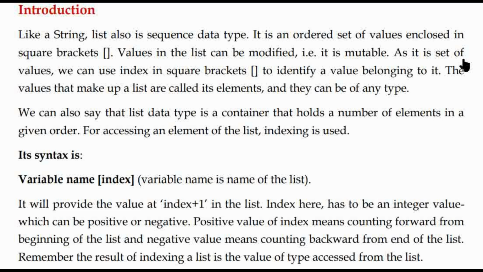As it is a set of values, we can use index in square brackets to identify a value belonging to it. The values that make up a list are called its elements, and they can be of any type.